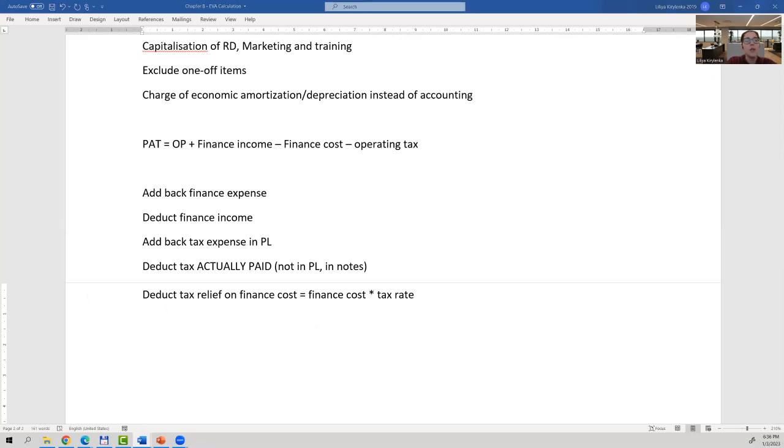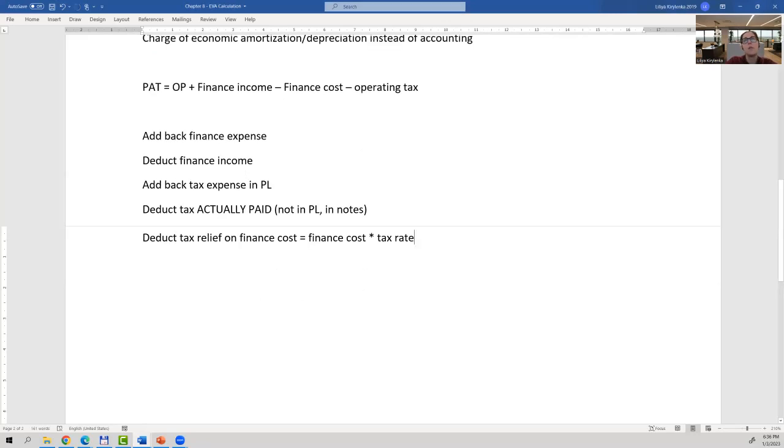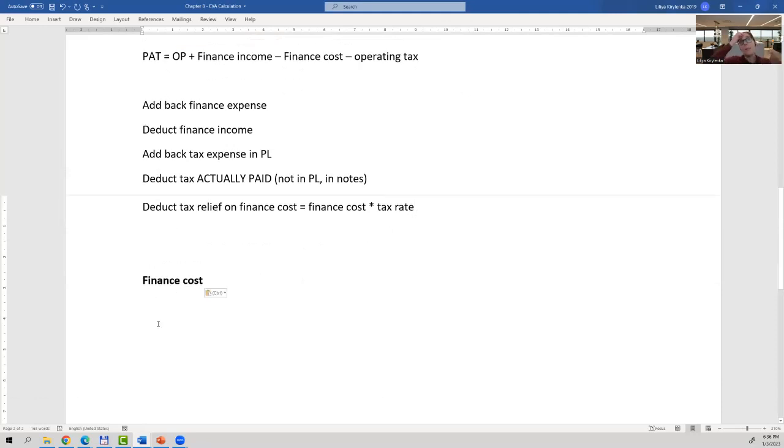All right. So let us summarize what we have learned about finance cost. Why? Because you will need to explain the adjustment that you made, because this is how your question is formulated quite often.